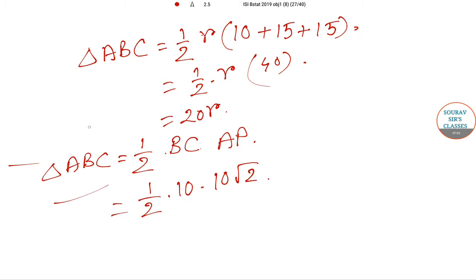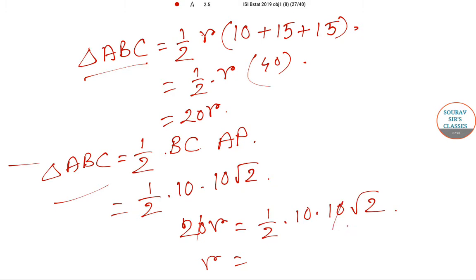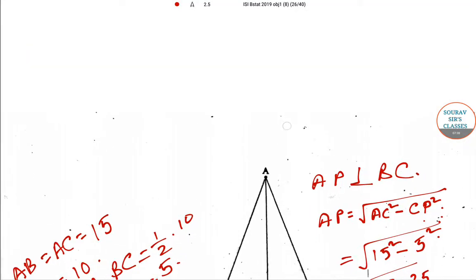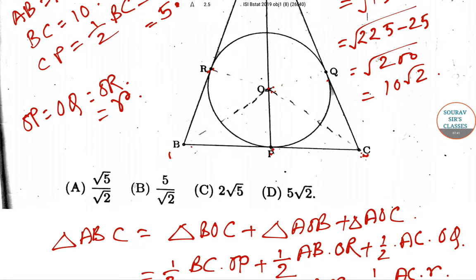Now the area of the triangle ABC are equal, so 20R equal to half into 10 into 10 root 2, R equal to 5 by root 2. So here the answer is B.